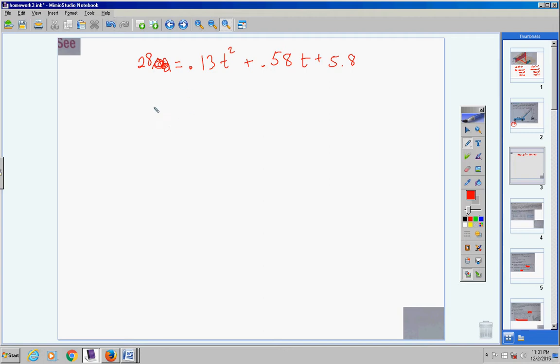So we have to get one side equal to 0, so bring the 28 over and make it negative. Negative 28 plus 5.8 gives us a negative 22.2.